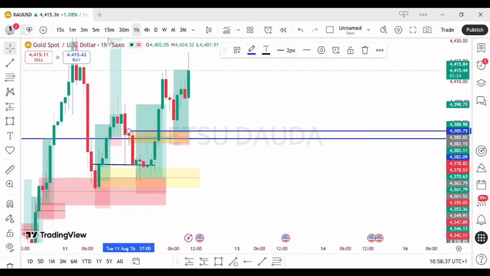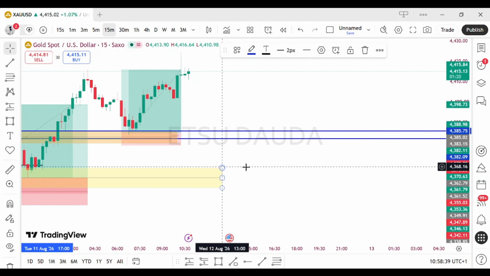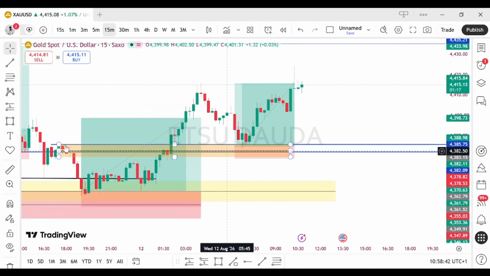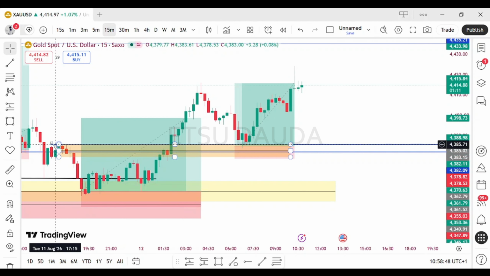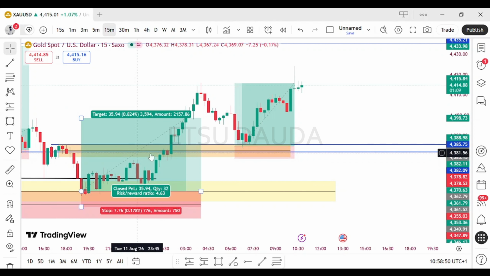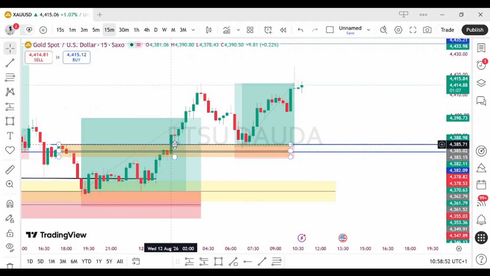Then when I switched to the 15 minutes time frame, I marked it out. You can see that I marked it out already. So this was my confluence, and just below the high of that breaker block, you can see an order block here.